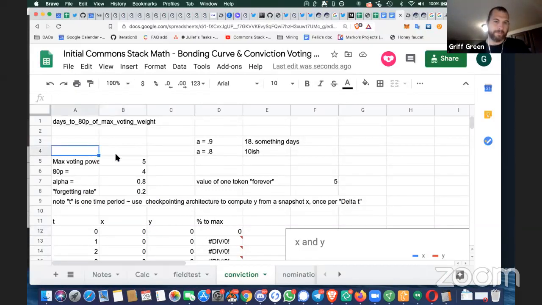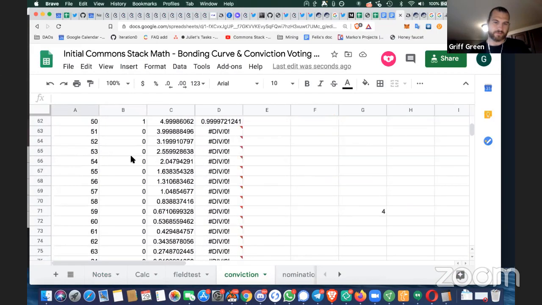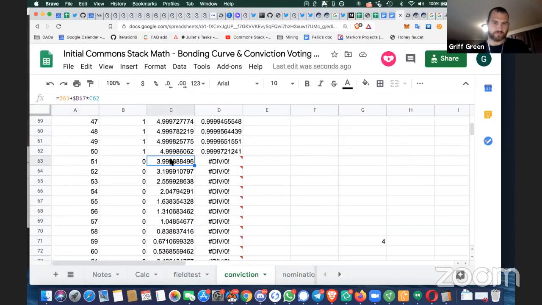So once we hit max, they lose 80% of their voting power, which is 20%. It's just one. So that's 8 again. Okay, 8 days.